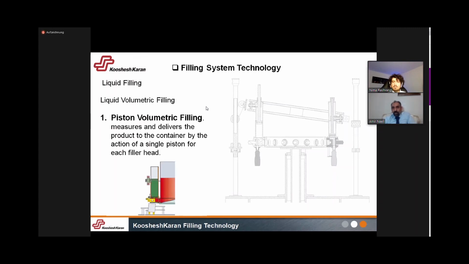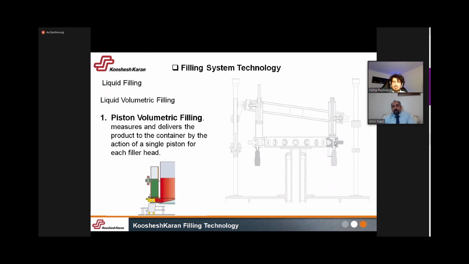The piston volumetric filling measures and delivers the product to the container by the action of a single piston for each filler head. I mean, as you see in this drawing, for each valve you have a piston and cylinder.